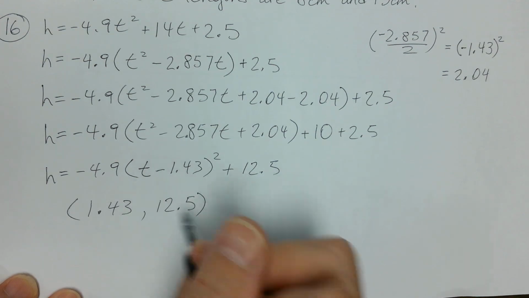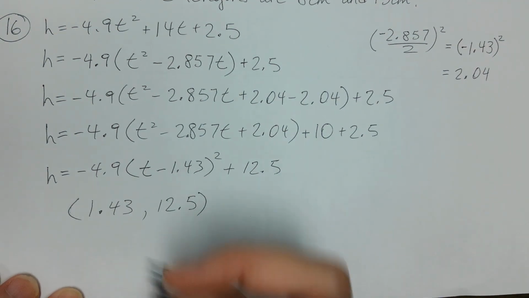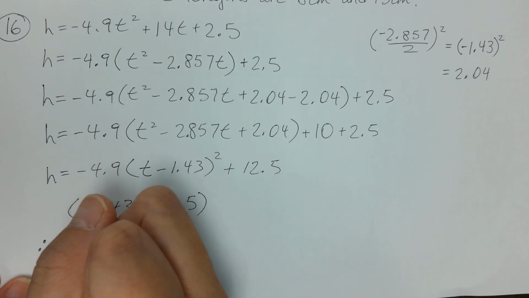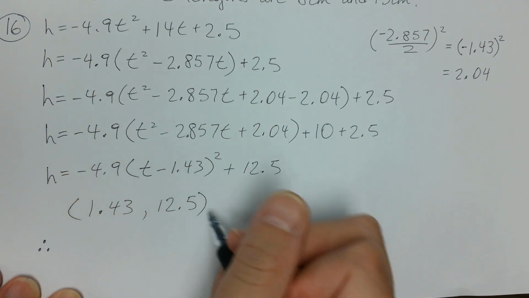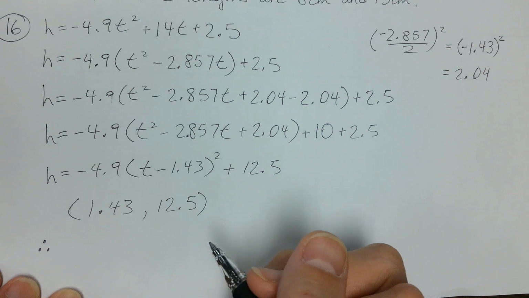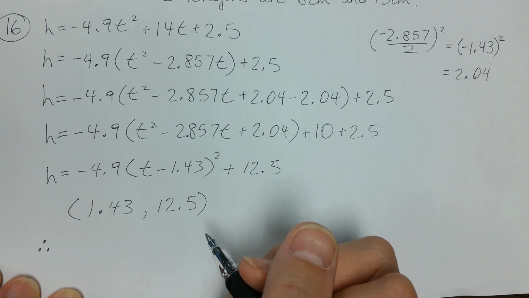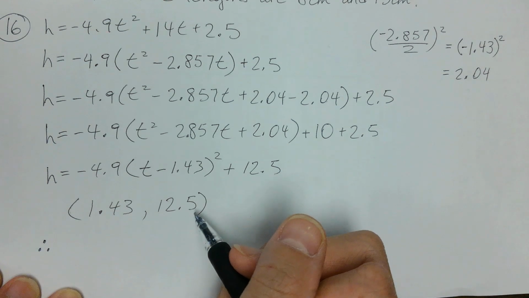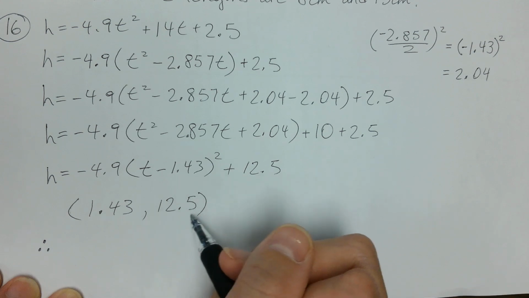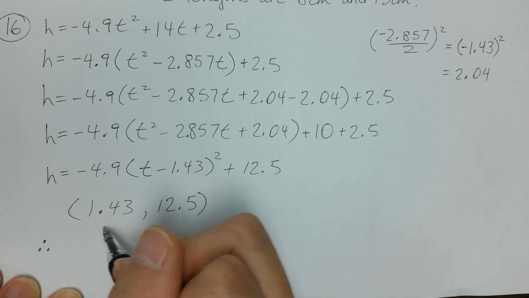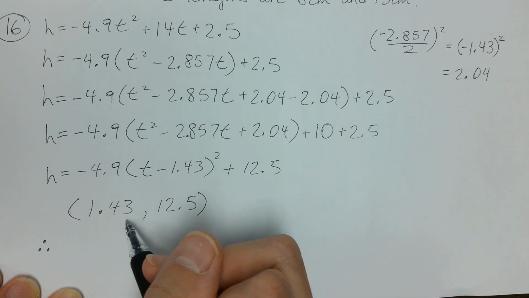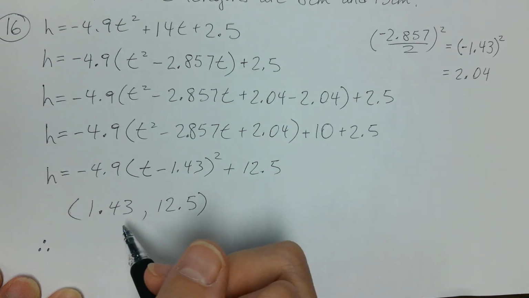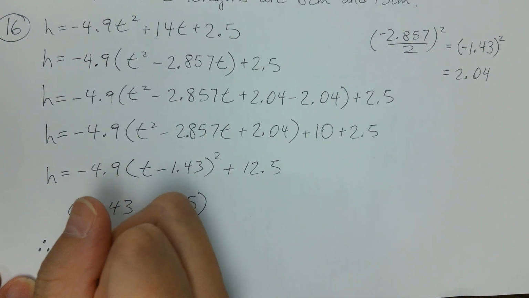The vertex, okay, but in terms of the context of the question, if I want to write a therefore statement, Eiko, which one is it? 12.5, good. And what is this 1.43 then? Time in seconds.